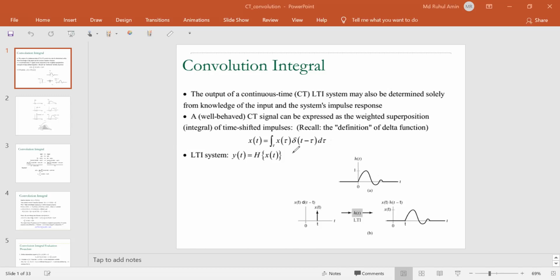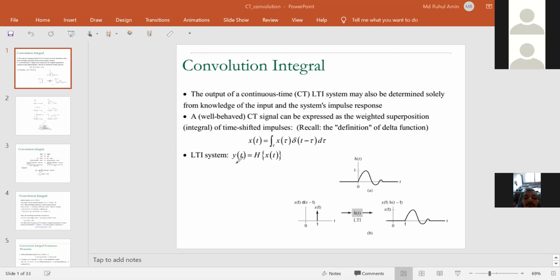Let us start with what we have in our system. You know this from your basics, that whenever you have a system, it takes an input, say x(t), and gives you an output y(t). That output y(t) is nothing but the system performing some operation on x.